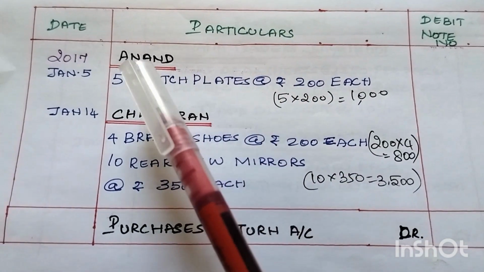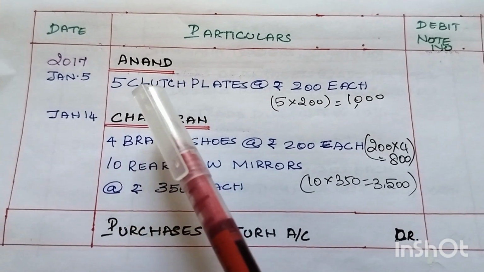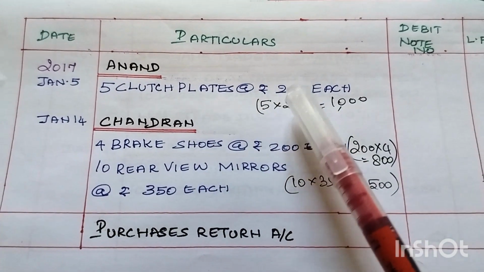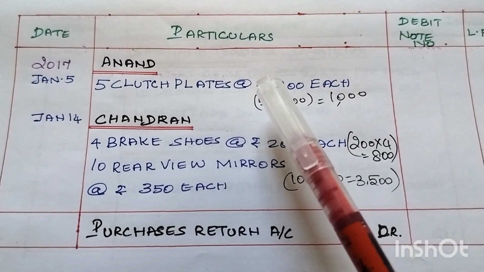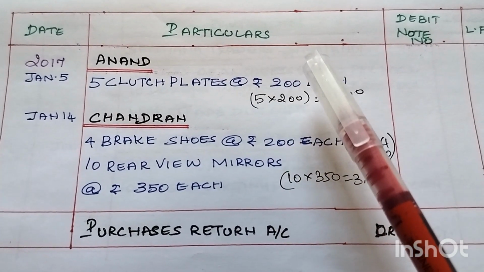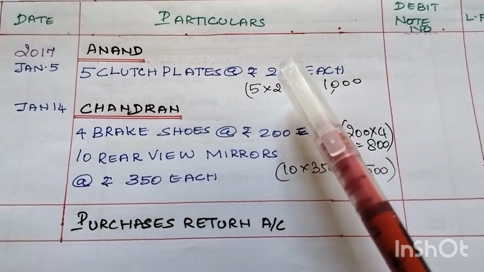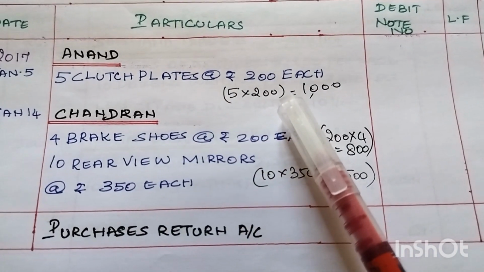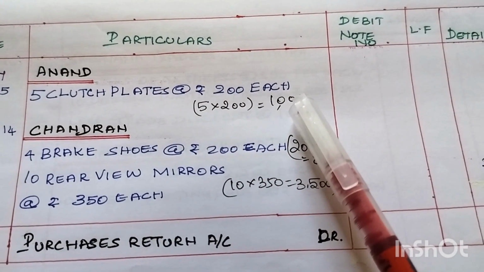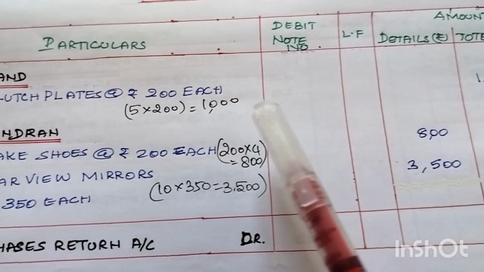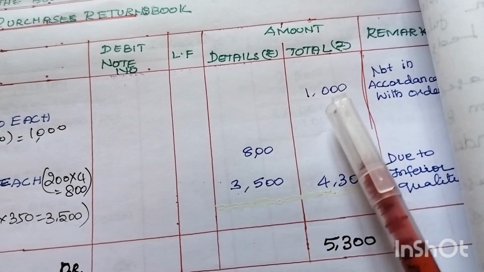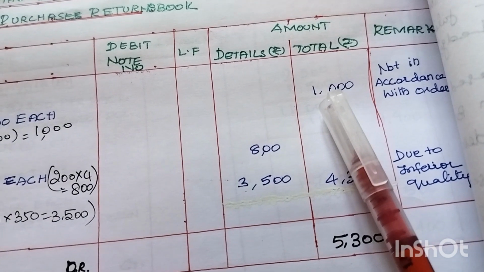Okay, so the supplier name is Anand. 5 clutch plates at rupees 200 each. So per clutch plate rate is 200. How much for 5 clutch plates? So you have to multiply 5 into 200, you get 1000. Okay, 1000 rupees. So you have to enter that 1000 rupees directly into the total column.